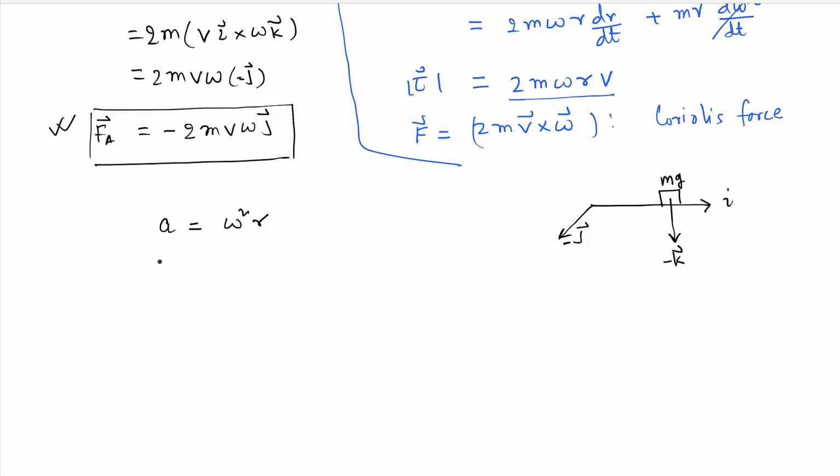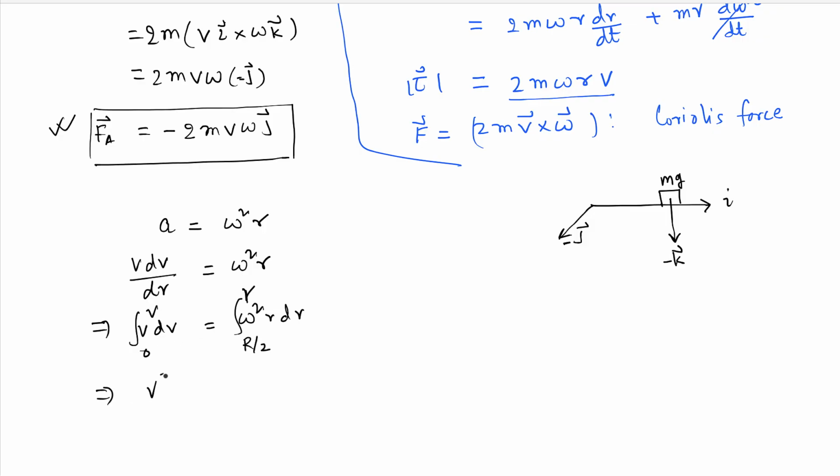And how do we write a? We can write a as v dv by dr equal to omega square r, and therefore we can have v dv equal to omega square r dr and integrate these two, from 0 to v and from r by 2 to r.